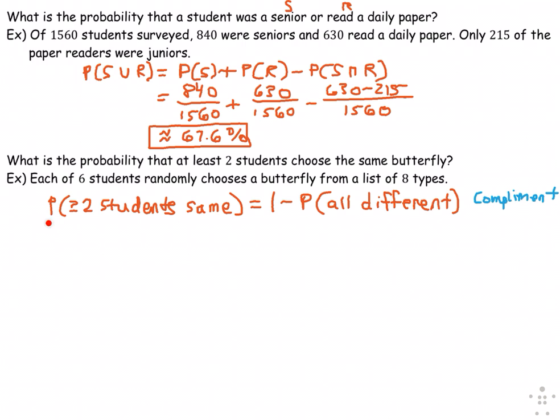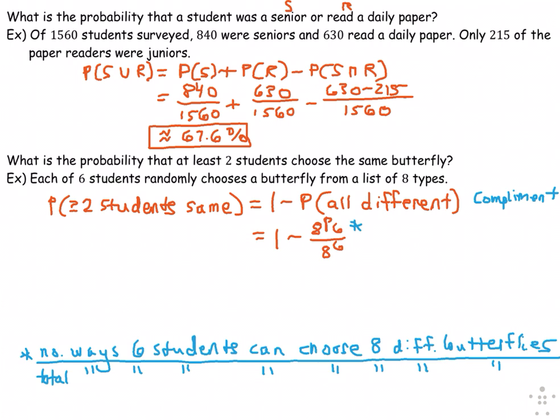So the probability that at least 2 students choose the same type of butterfly from a list of 8 will equal 1 minus the probability that all students choose differently. This is known as the complement and gives the following. Let's unpack this probability. Looking in the numerator, it defines the number of favorable outcomes.